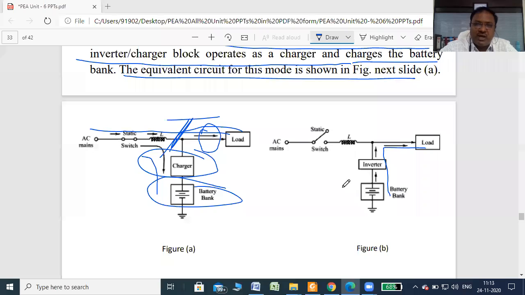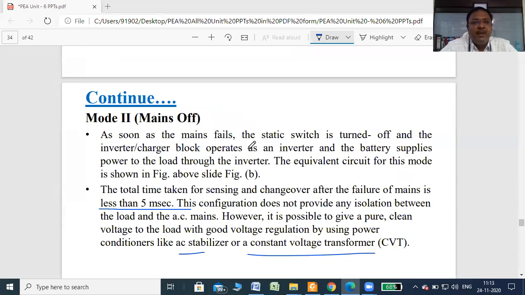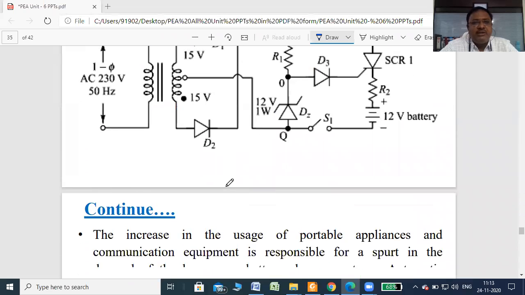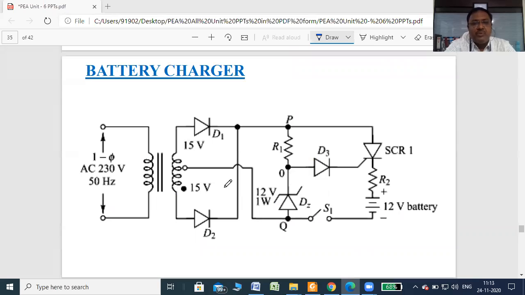So again, we can say a motor, but one which requires a constant AC voltage, a constant sharp waveform, and even constant frequency. So that type of loads are called critical loads. Okay. So next is the battery charger. Already we have seen the battery charger block in a previous topic.